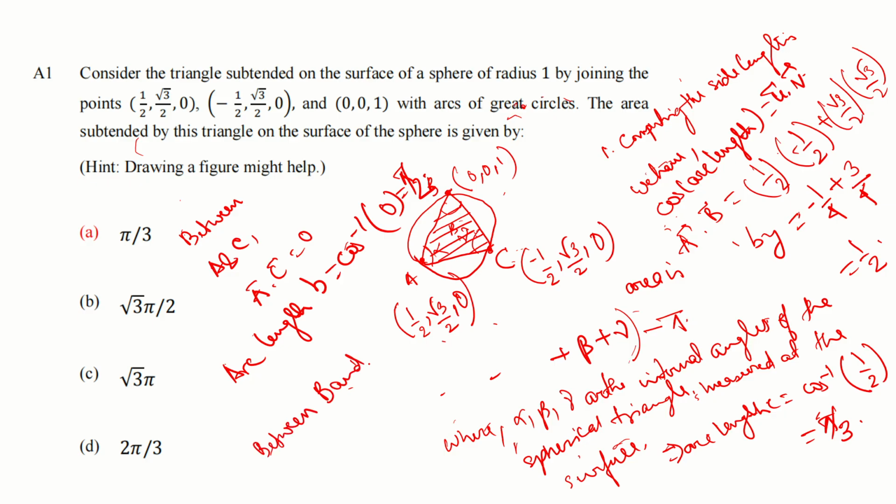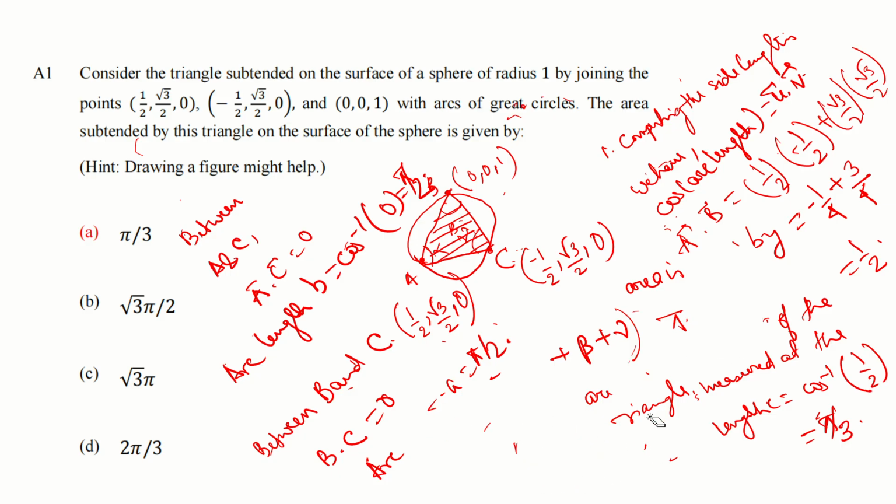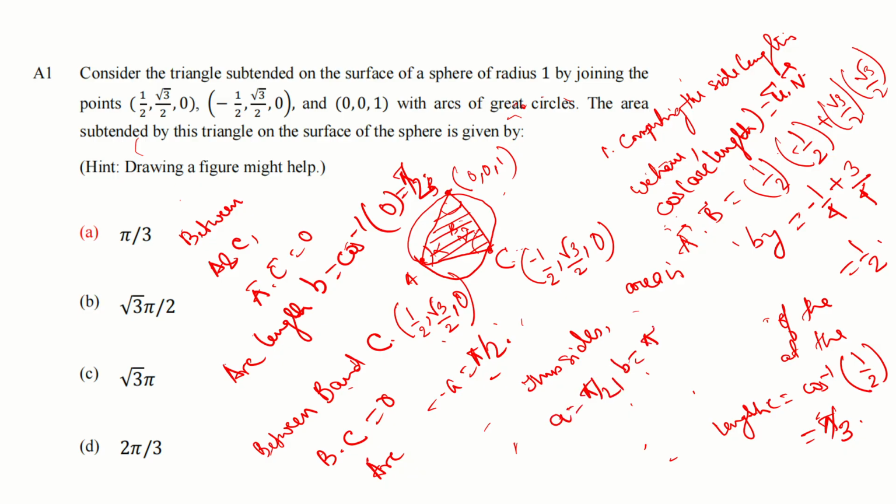Between B and C, we can write B dot C equal to 0. Similarly, arc length A is pi by 2. Thus the sides are A equal to pi by 2, B equal to pi by 2, C equal to pi by 3, right?